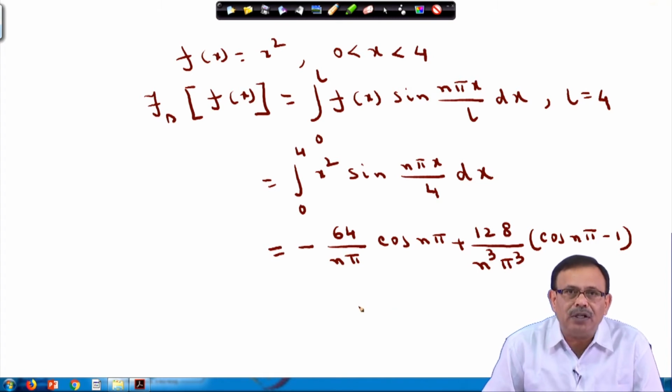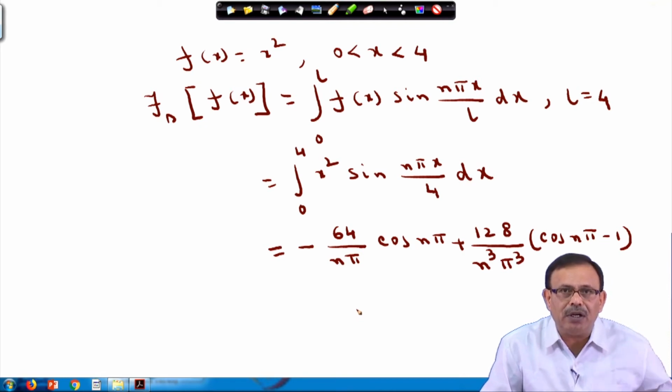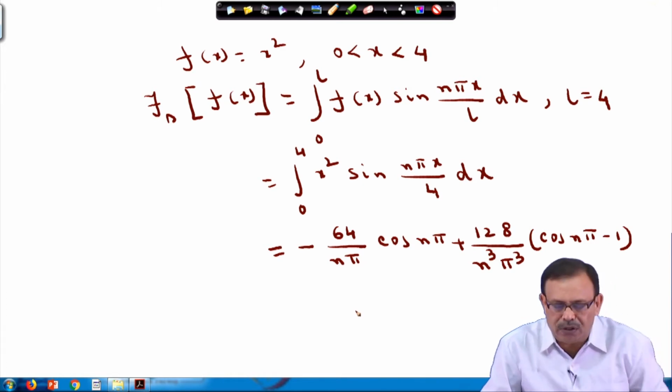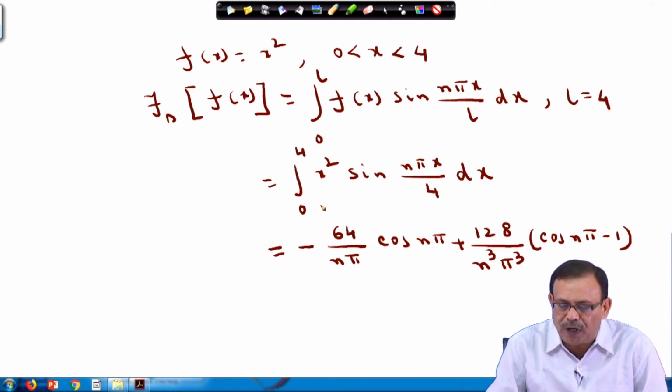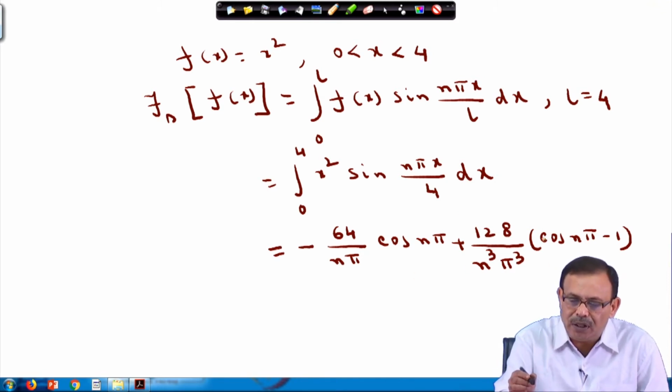Therefore, the finite Fourier sine transform of f(x), from the definition, is the integral from 0 to L of f(x) sin(n pi x by L) dx, and for this case the function is x square and x is defined from 0 to 4, so L is equal to 4. If I put it, the integral becomes 0 to 4 of x square sin(n pi x by 4) into dx, and you will get this particular result.